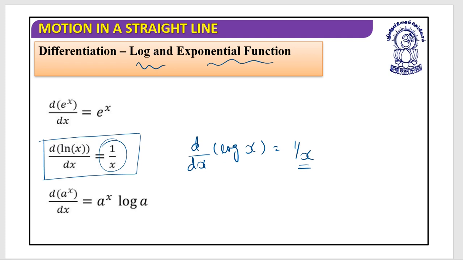And d by dx of e to the power x, it's an exponential function, that you know. d by dx of e to the power x is the same, e to the power x itself. So d by dx of log x or d by dx of ln x is 1 by x. d by dx of e to the power x is e to the power x. And d by dx of a to the power x, look at this, it would be a to the power x multiplied by log a.